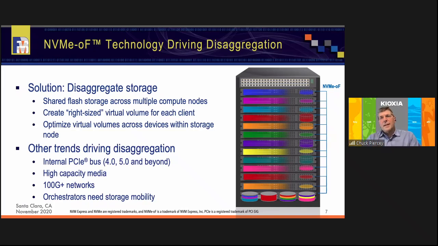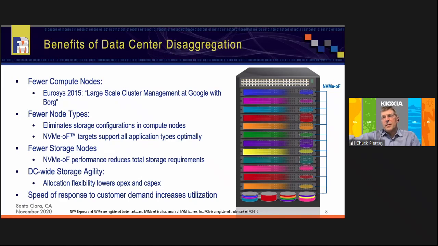The combination of high-density NVMe SSDs with the plummeting price of flash makes storage dollars per IOPS and storage read latency the critical metrics for a data center storage architecture based on NVMe-OF. There are many benefits to disaggregation. You get fewer node types, fewer compute and storage nodes, increased infrastructure flexibility, and a significant reduction in overall resources required, as well as the amount of flash required.